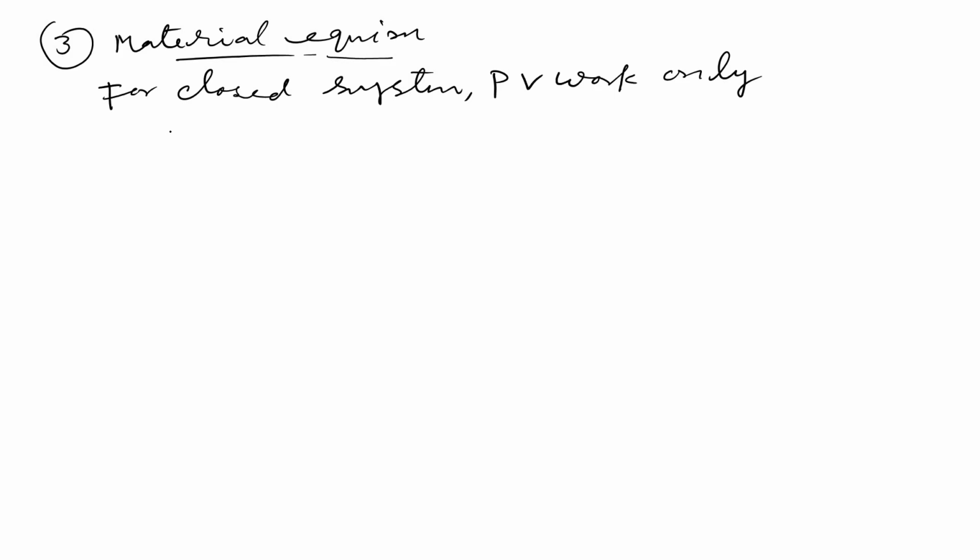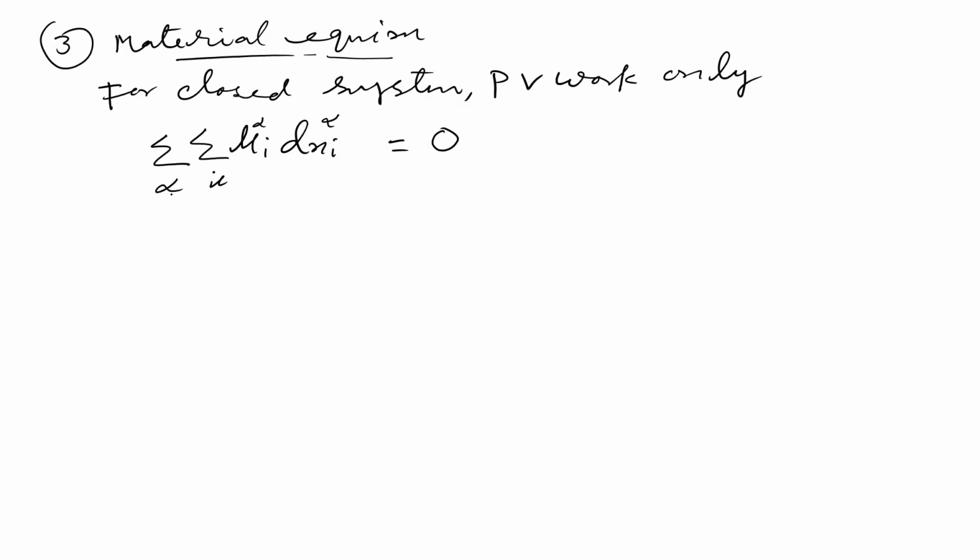The link is given in the description box. So what is that? For a multi-phase system, summation over alpha, that means all the phases, summation over i, that means all the components, mu i alpha dn i alpha should be equal to 0. This I have already proved.